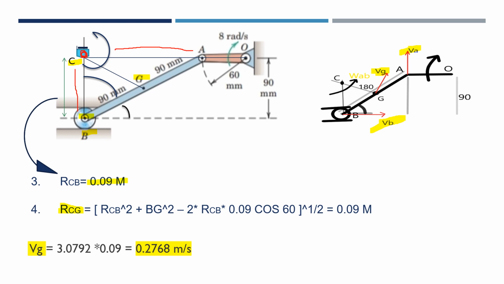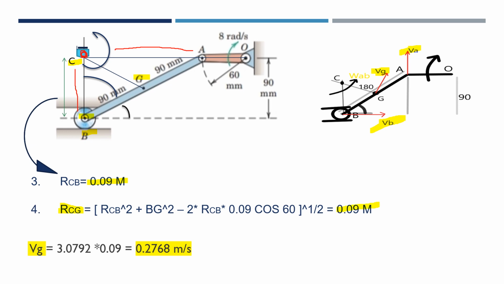So we can put the formula as the square root of RCB squared plus BG squared minus 2 into RCB into 0.09 cos 60, and we get RCG as 0.09 meter.